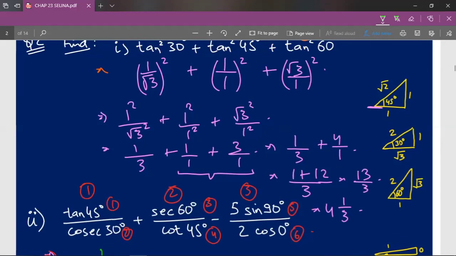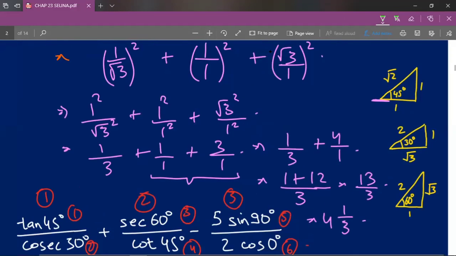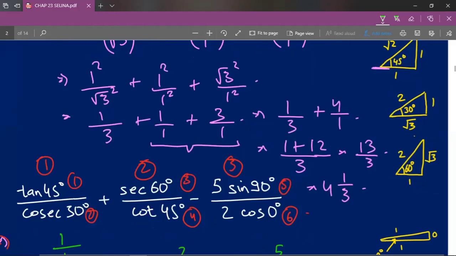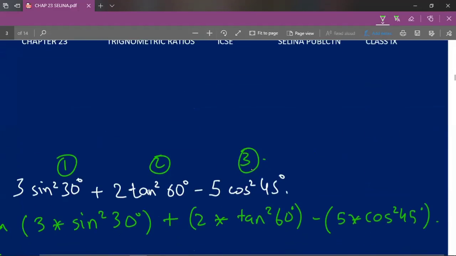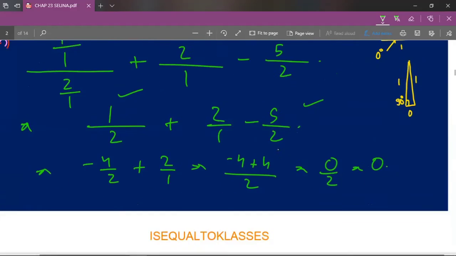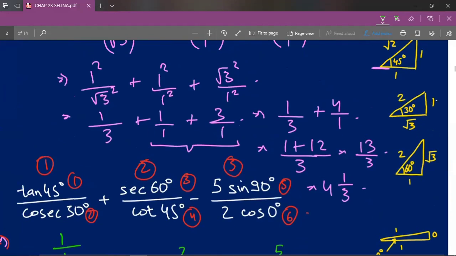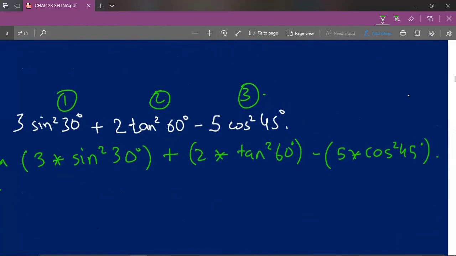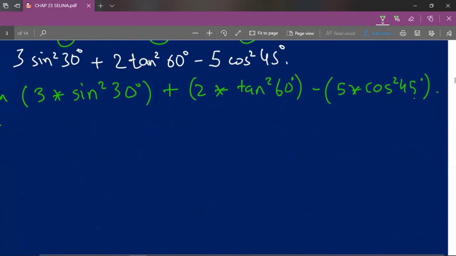With respect to angle 30 degree, sine 30 degree will be perpendicular upon hypotenuse, that is 1 upon 2. So therefore 3 into 1 upon 2, and the whole square of 1 upon 2 will be equal to sine square 30 degree.